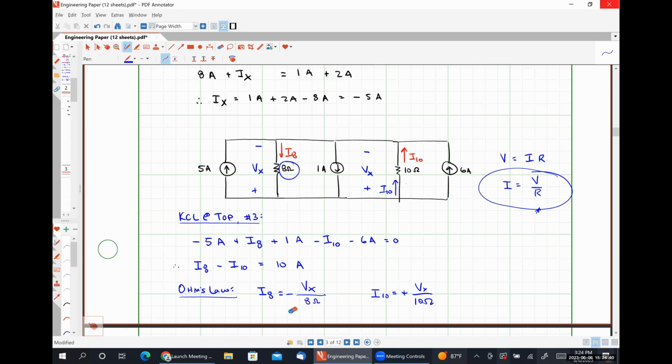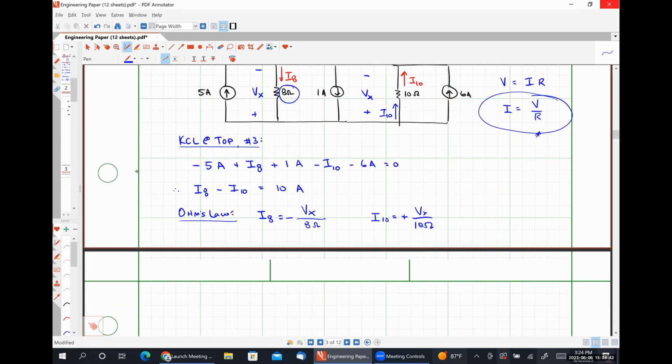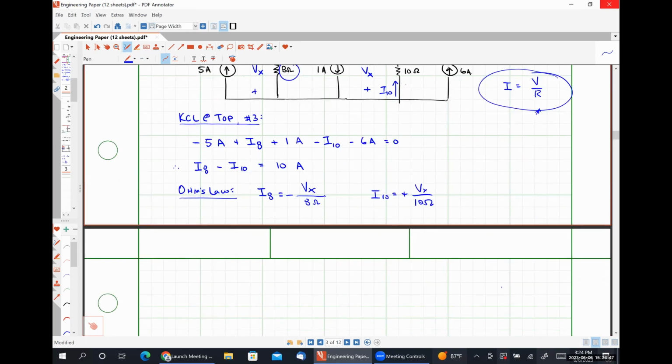All right, so if we substitute in the relationships, we have I8, so that is negative Vx over 8 ohms, minus I10, so that's minus Vx over 10 ohms, is equal to 10 amps.